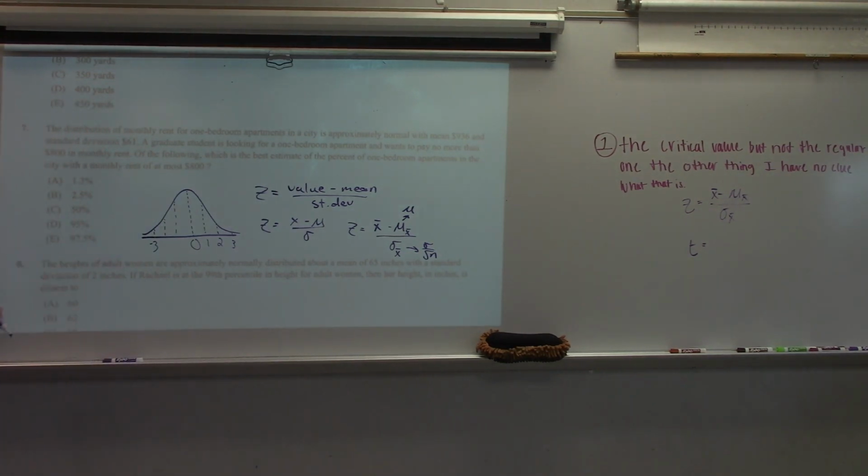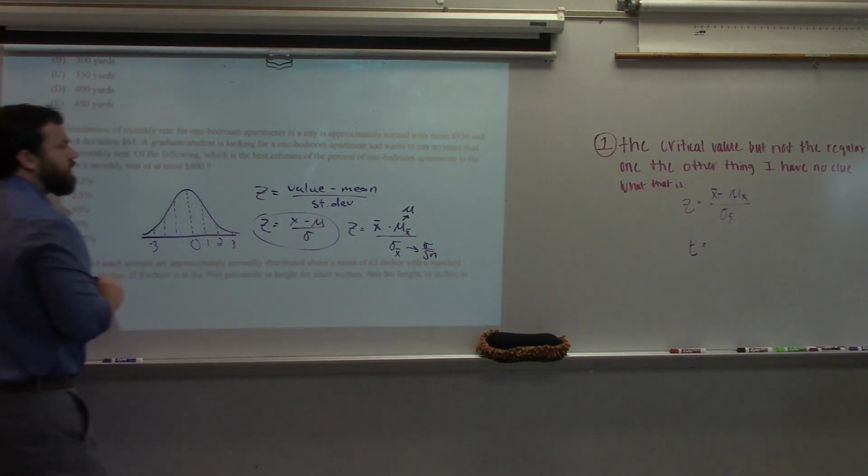Which one am I supposed to use here? The first one. Why is it the first one? It's not a sampling distribution. We need to recognize, am I averaging multiple apartments? No, it's one apartment, it's not a sampling distribution, right? It's just x minus the mean divided by the standard deviation.